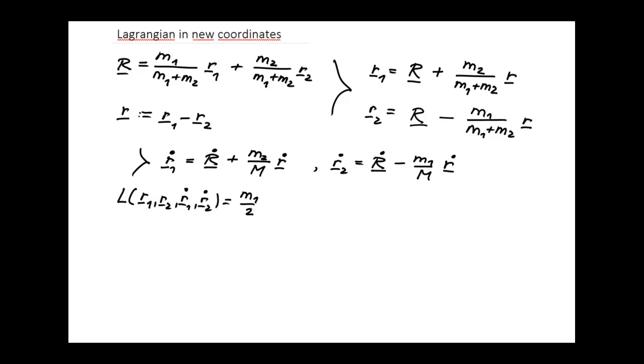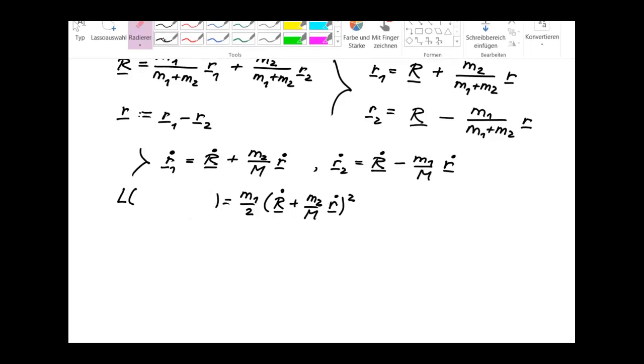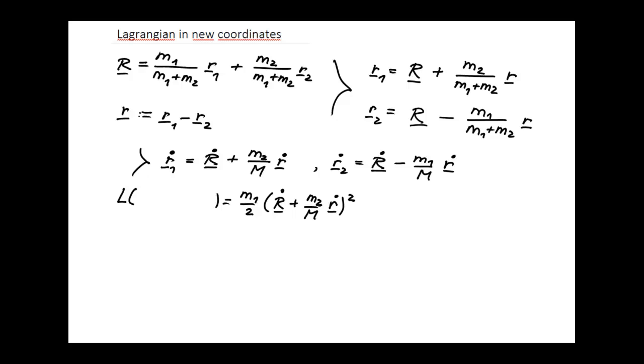But let's now replace r1 dot by the term that we have above, capital R dot plus m2 over total mass little r dot squared. And now that we express this immediately in terms of the new coordinates, actually what we obtain is the Lagrange function already in terms of the new coordinates. So little r dot, capital R and capital R dot.